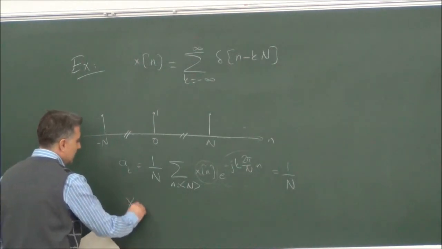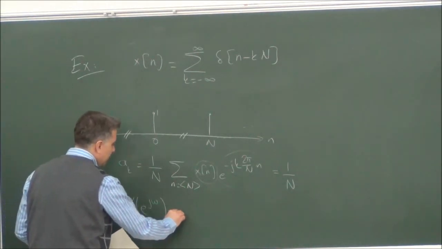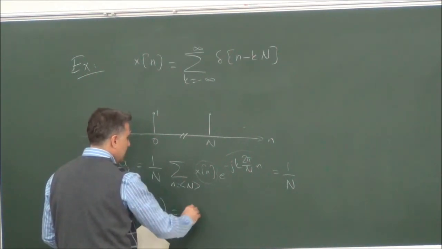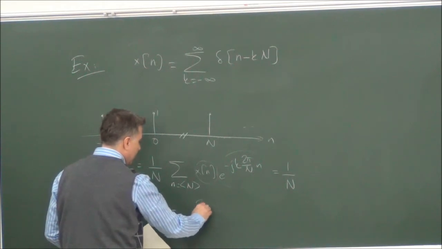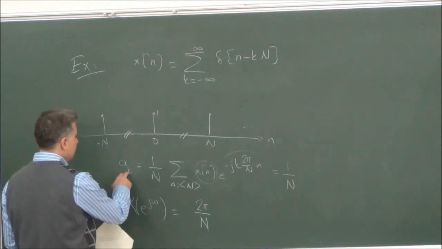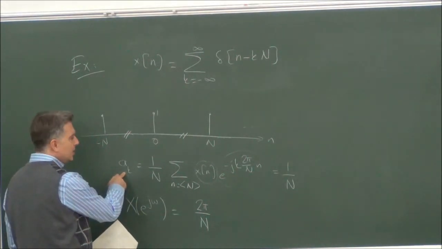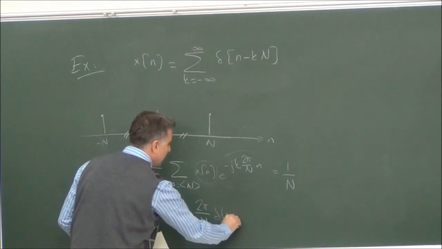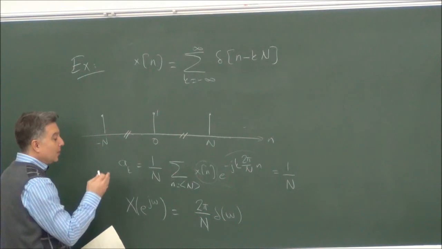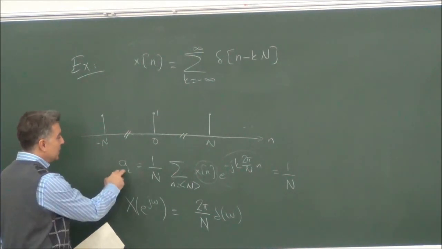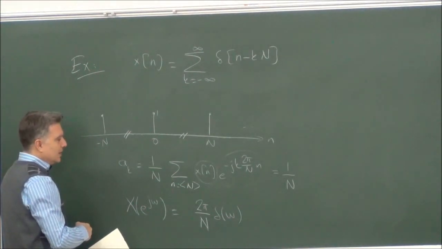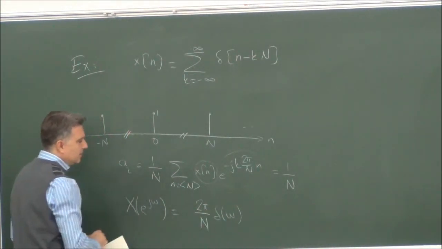Then, what can we say about the Fourier transform? It is equal to 1 over N times 2 pi, that is 2 pi over capital N, times, for example, if it is a0, then we have delta(omega), because the frequency corresponding to a0 is 0 times omega 0, which is in the center. So we have an impulse in the center.